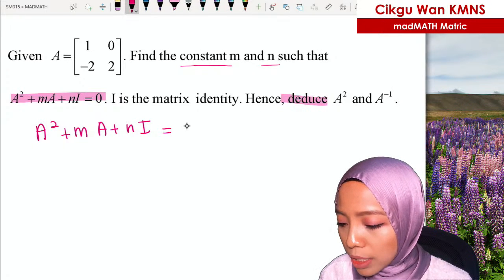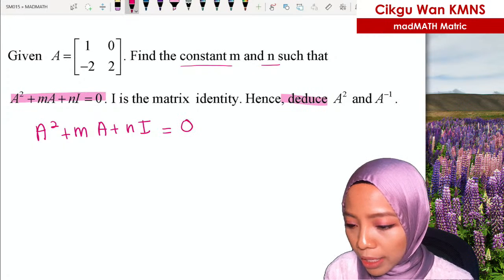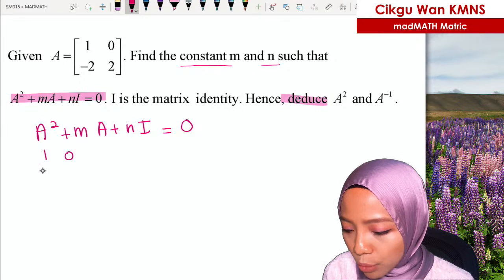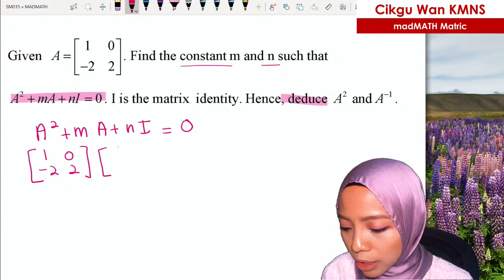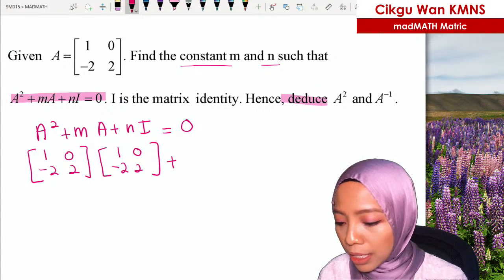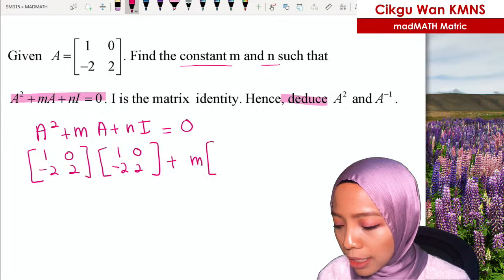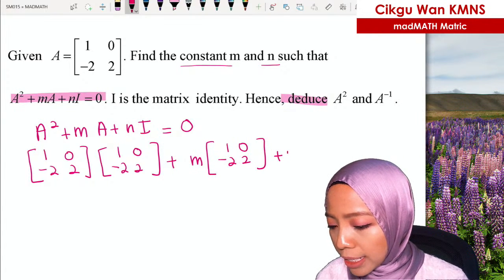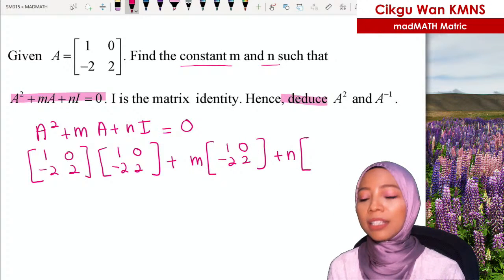Ni I just menulis semula saja. A square, so 1, 0, negative 2, 2. Dia nak 2 kali kan? So kita darab lagi. And then tambah dengan MA. So MA kita panggil lagi 1, 0, negative 2, 2.